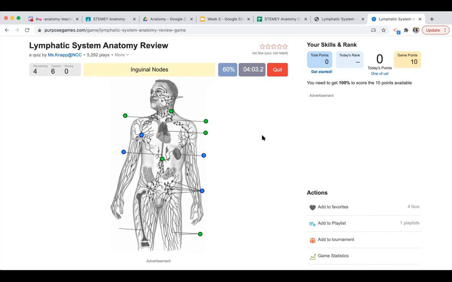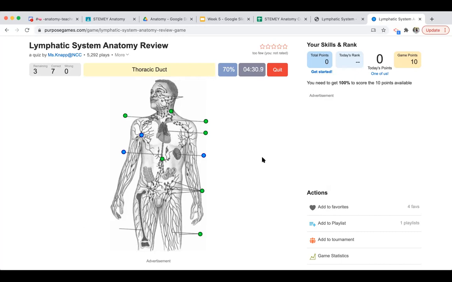We have this option and also left second. I think it's the bottom one. So we'll go with the bottom one. This is correct. Remember, inguinal is in your leg area, hip area. It's down by your groin.